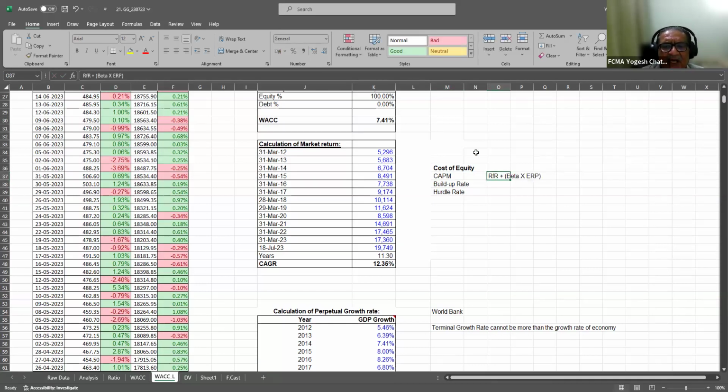The risk-free rate, as you all are aware, is the GSEC rate, the government security rate, and you can find this from the website of RBI or the Clearing Corporation of India, or there are many other sources from where you can get the GSEC rate. I am not aware whether you are investing in a government security.